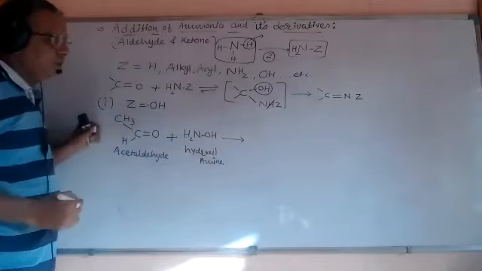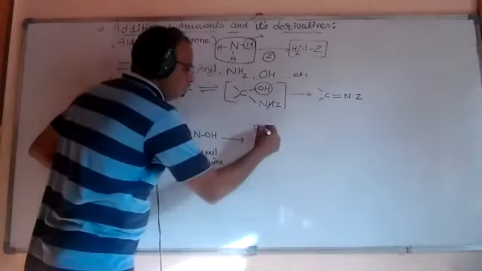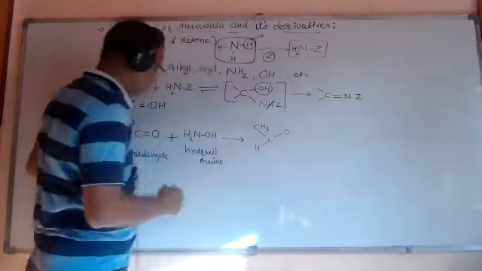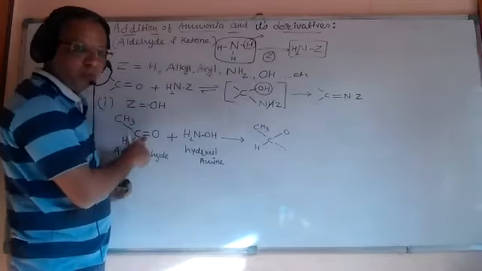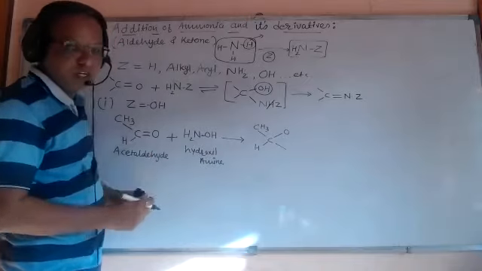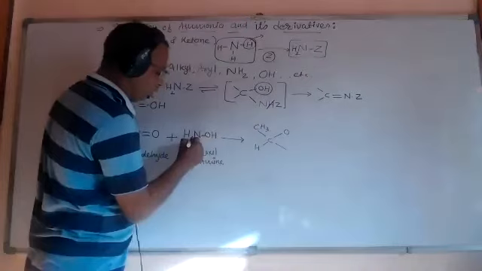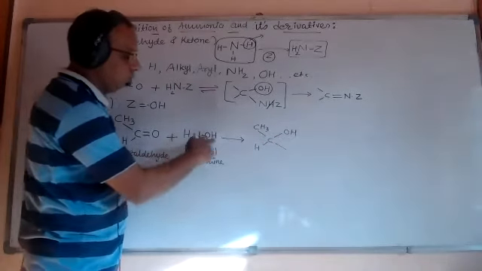In the first step, as we have seen, an addition reaction takes place, and this is CH3 CHO. You can see the double bond from oxygen is broken here, and now this hydrogen will move here. What is left? NHOH.